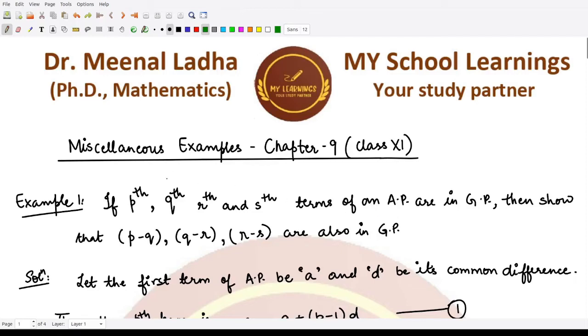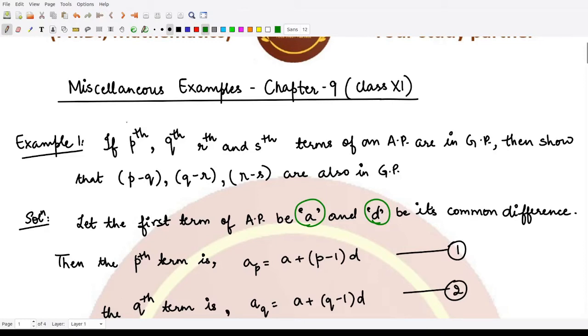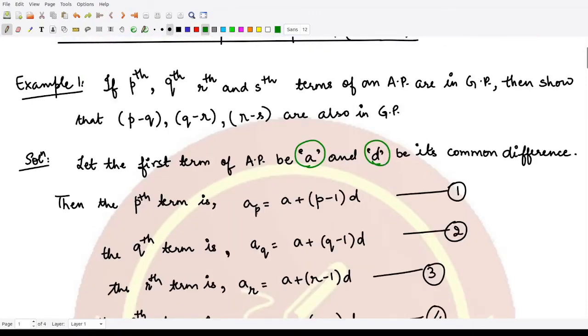Suppose we have some AP, and let's take the first term to be small a and the common difference to be small d. Then the Pth term, let's call it a subscript p, would be a plus (p minus 1)d, because the nth term is given by a plus (n minus 1) times d.